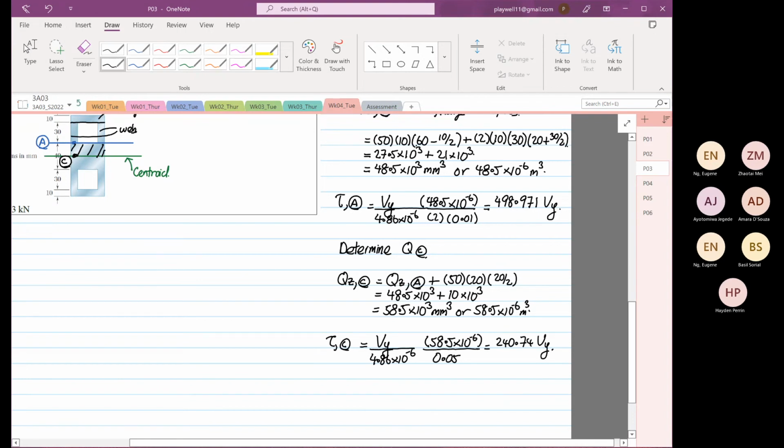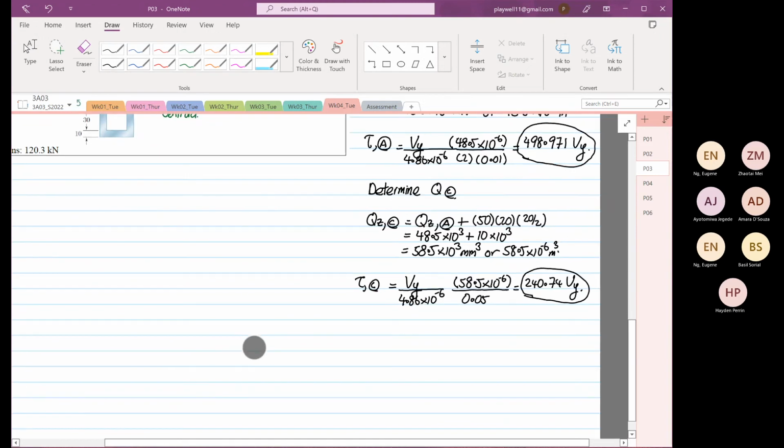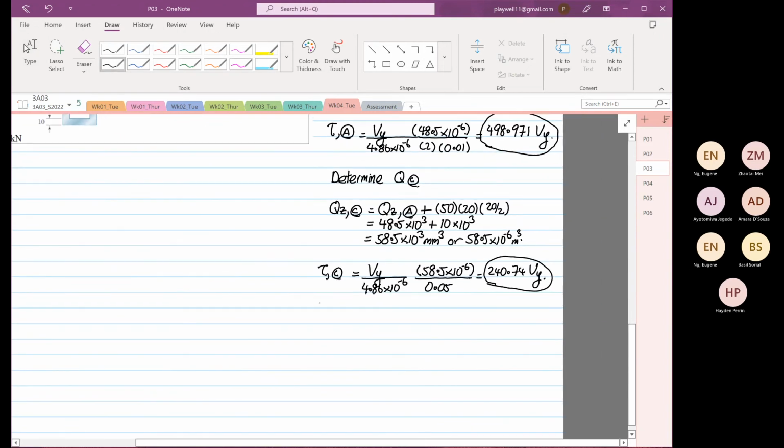Right? So which one should you use now? Are you going to use the shear stress at point A, or are you going to use the shear stress at point C? Note that Vy is a constant.